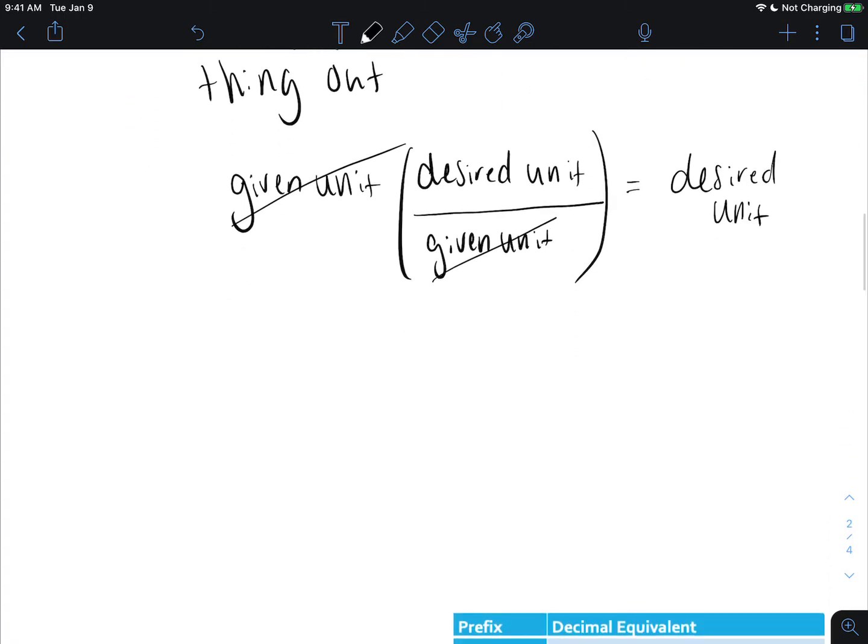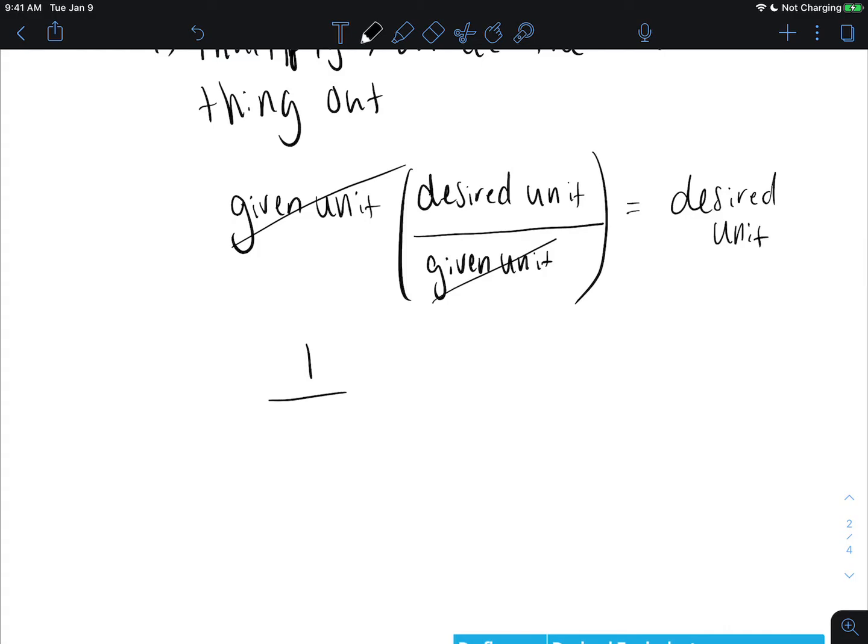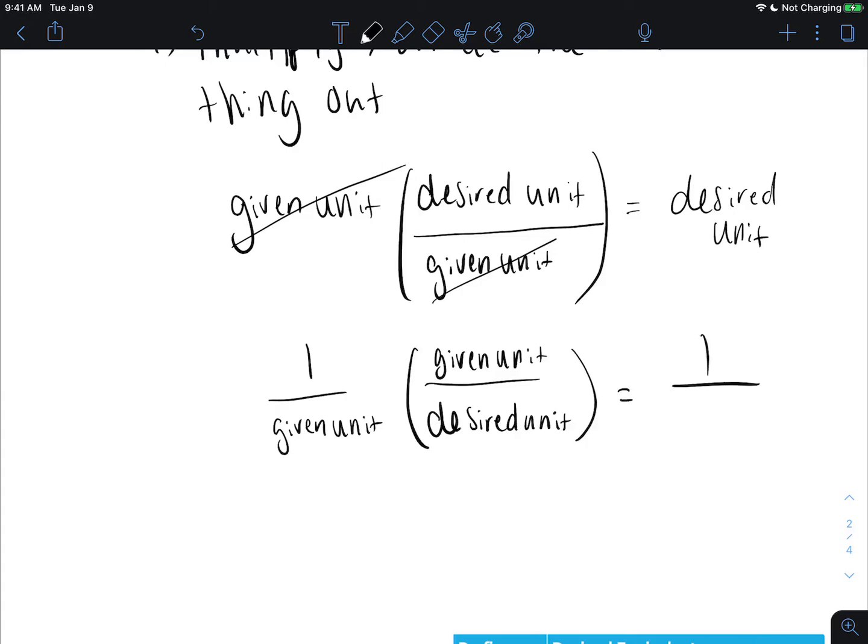You could also see something like this where you have 1 over the given unit. And in this case, you want to make sure your given unit cancels out, so have it on the opposite side of the ratio. Like so. Okay.